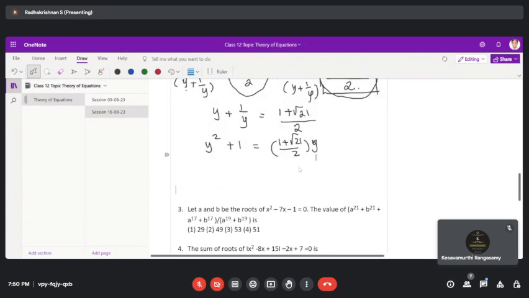Since this is a quadratic, it will have two solutions. So we can write it in this way. Let me just check this.